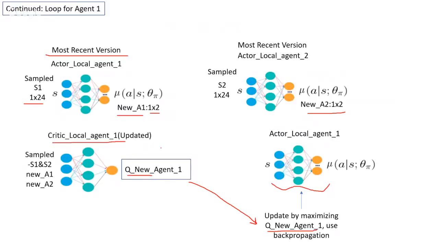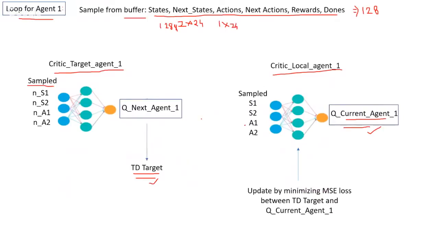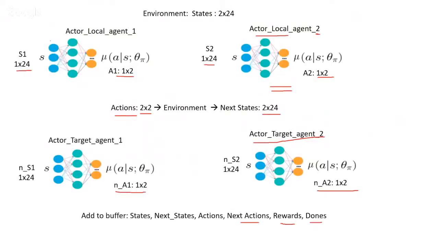Same process. I can't show you the actual code, but this should give you some idea of how to approach this project. And it's up to you how to organize these networks.